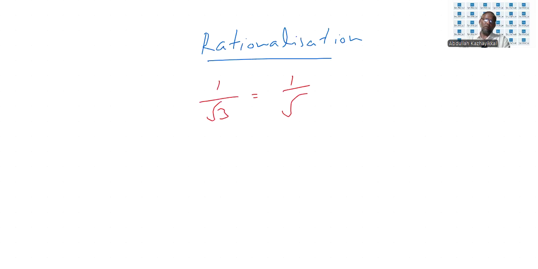What is the denominator? √3. You can multiply numerator and denominator by the same number, because √3 is making problem. Am I right or not? So you do one thing. If you are multiplying the denominator by √3, you have to multiply the numerator also by √3.